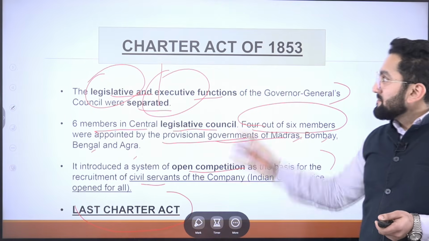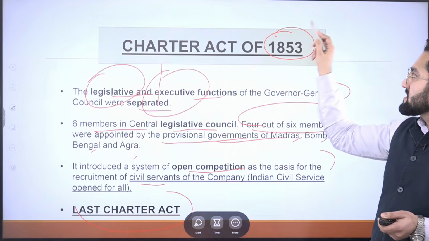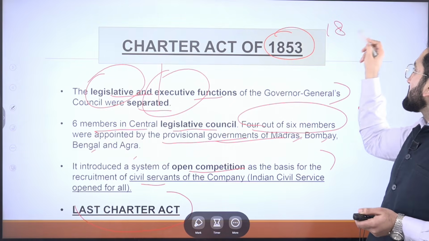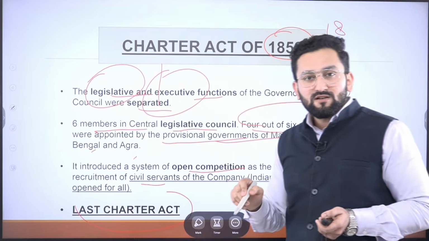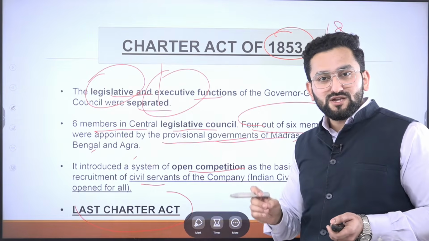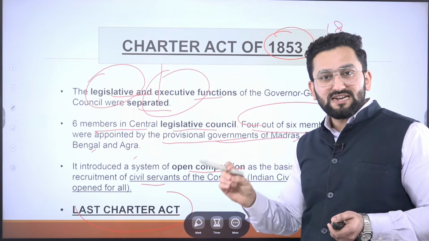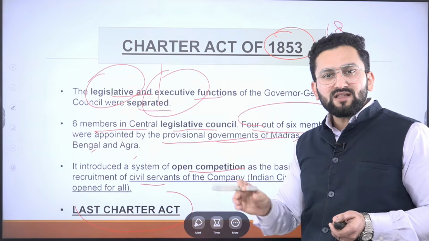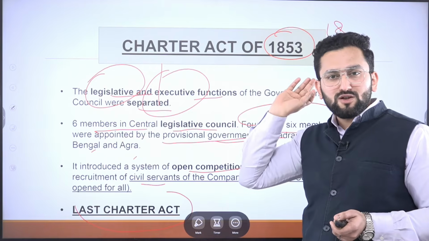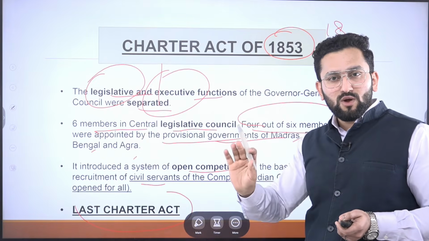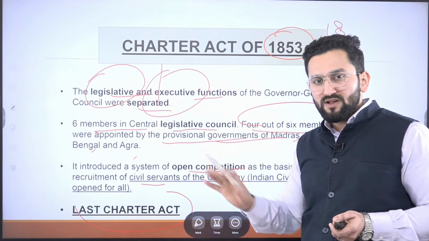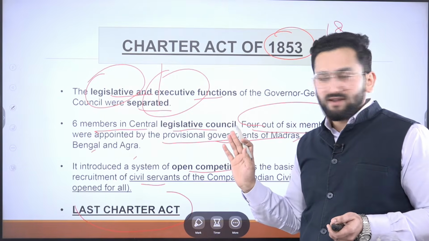Why? Because after 1853, now tell me, what happened in 1857? In 1857, we had the first struggle for India's independence. They call it mutiny. At that point of time, the British government got alerted that having sound administration in India was not in the hands of the English East India Company.